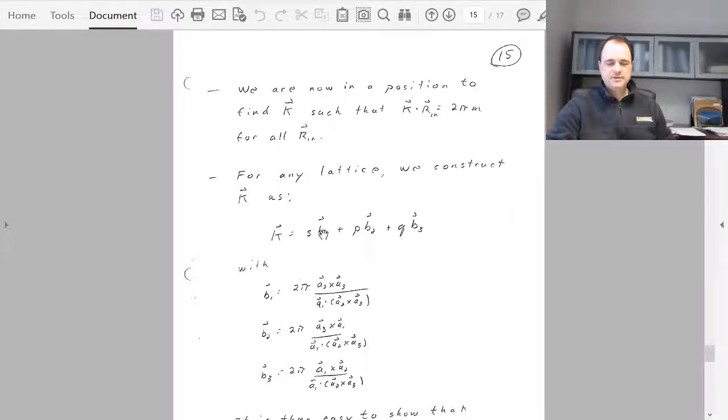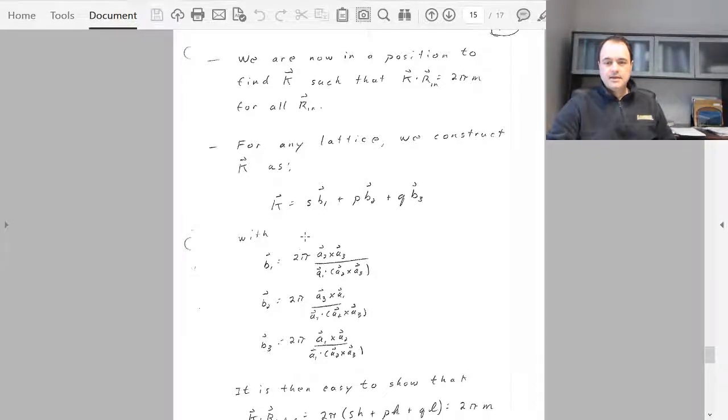K will be in another lattice, something we call the reciprocal lattice. And what we're shooting for is for this condition to hold. So let's guess what b1, b2, b3 could be such that we can get this condition to hold.